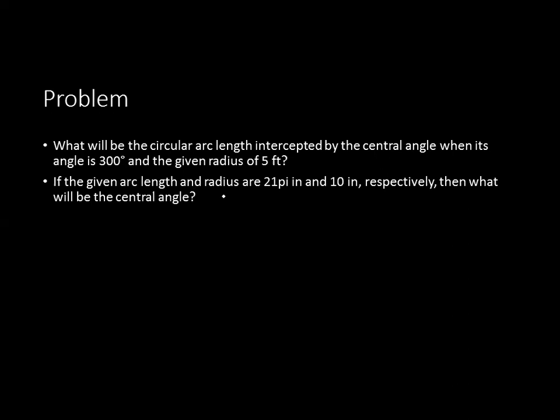Here, we have a given arc length, which is 2 pi inches, and a radius of 10 inches. Now we're asked for the central angle, so this one is missing. What should we do?